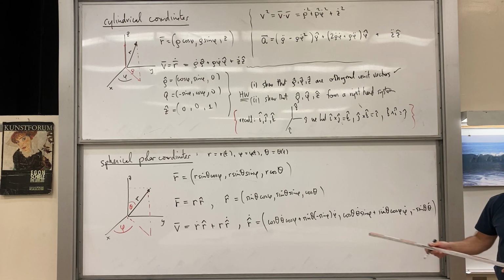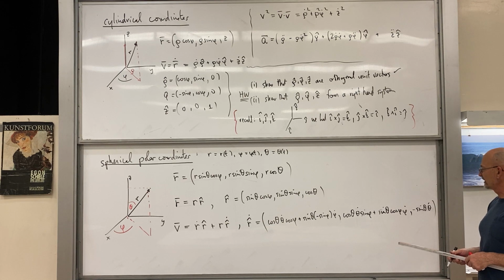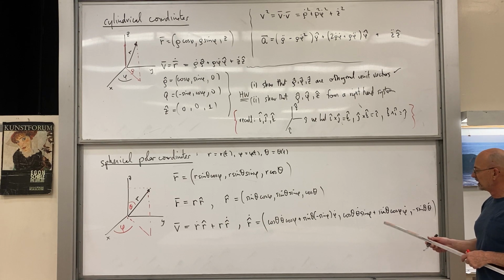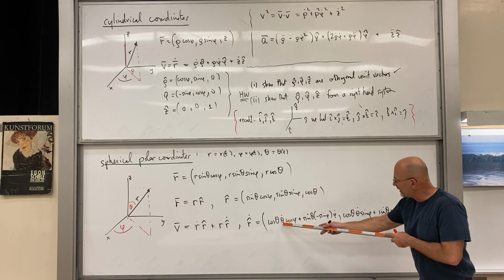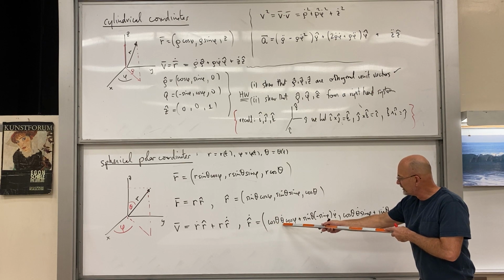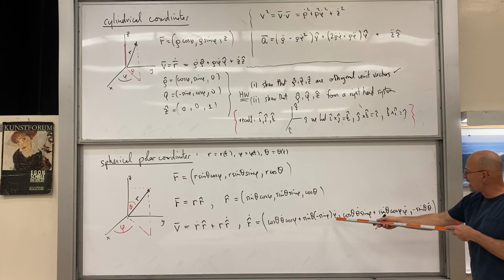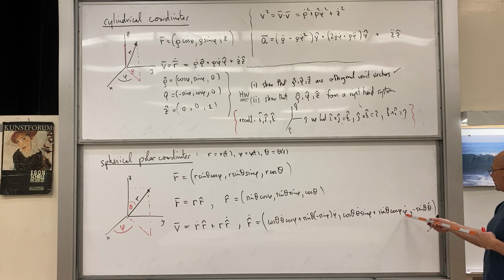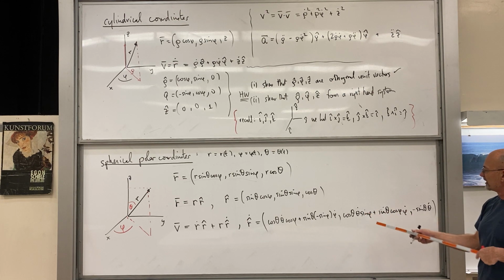Okay. That looks like kind of a mess. What we're going to do is pull out the component of this vector that is proportional to theta dot and the one that's proportional to phi dot. Okay. So there's phi dot here and theta dot.